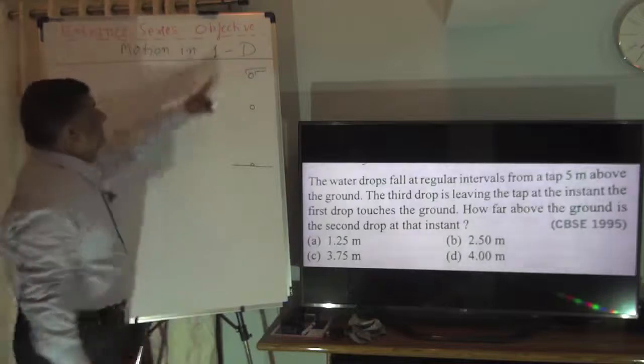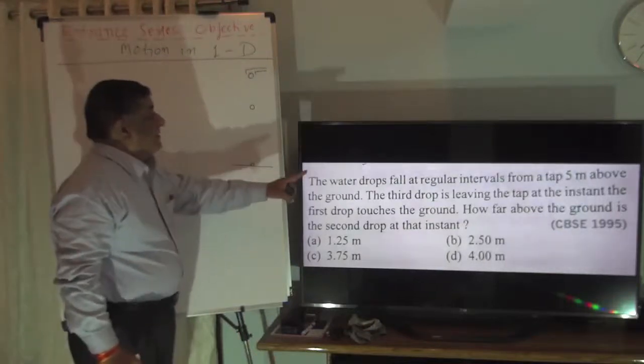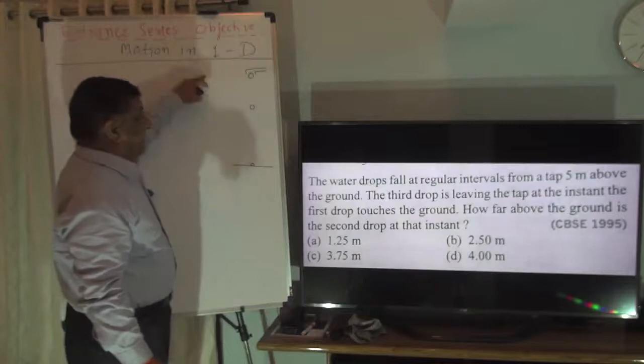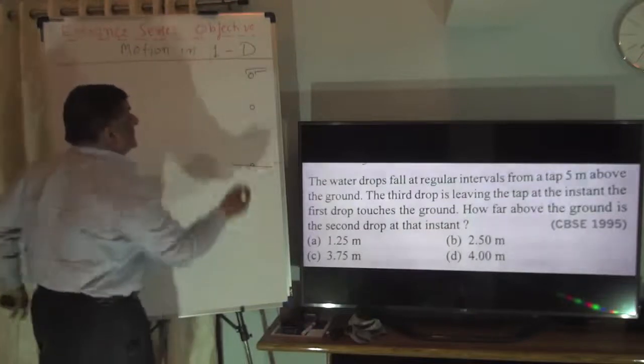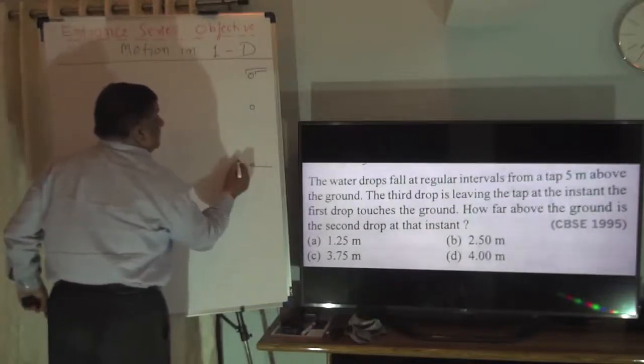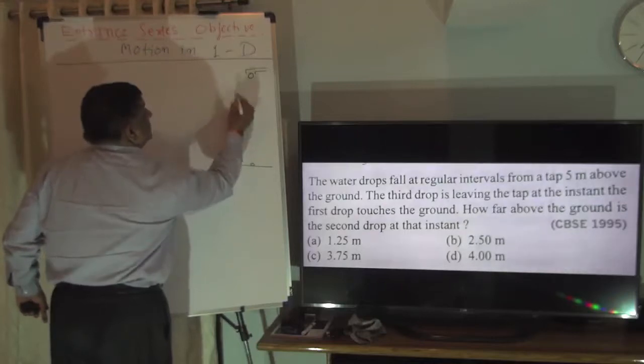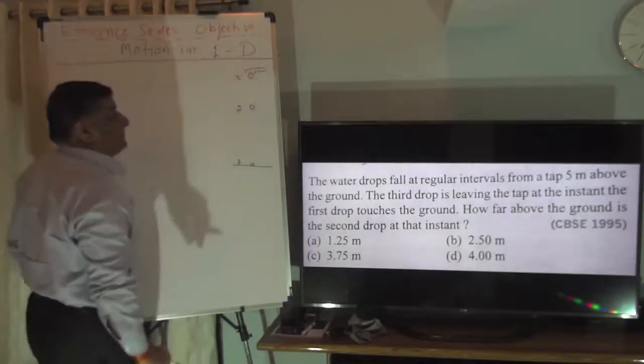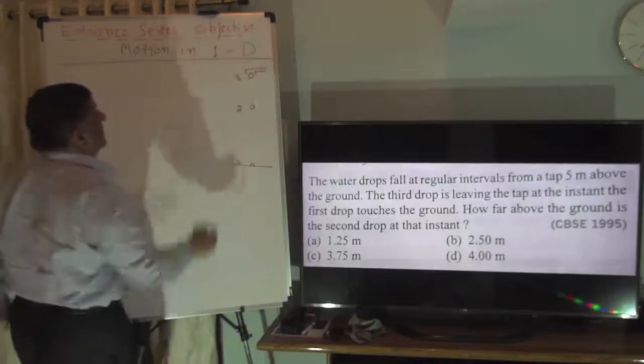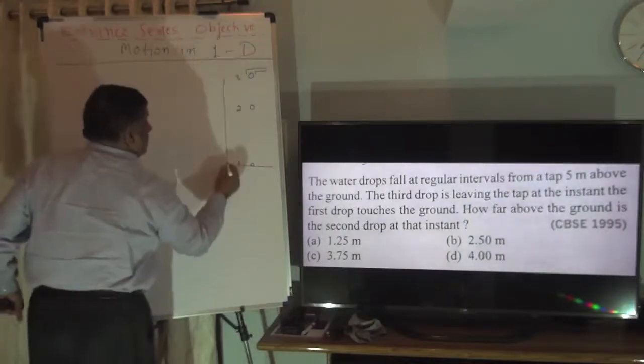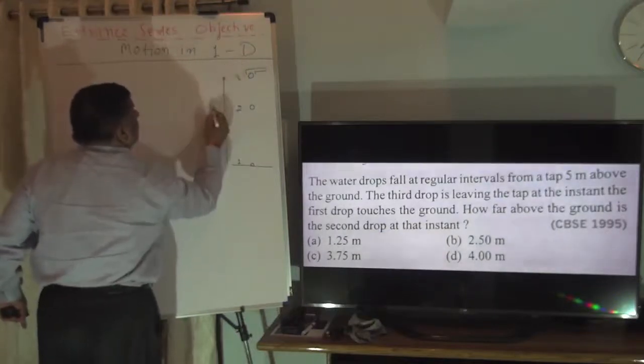Here is the tap. This is the first, second, third drop. The tap is 5 meters above the ground.